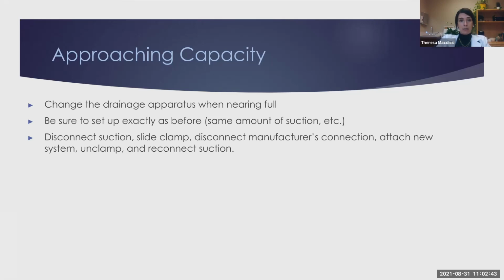So to start, you're going to disconnect the patient from suction, use that slide clamp that comes in the drainage system set or kit. You're going to disconnect the manufacturer's tubing from the patient's thoracic tube, attach the new system immediately. You can unclamp and then reconnect your suction.